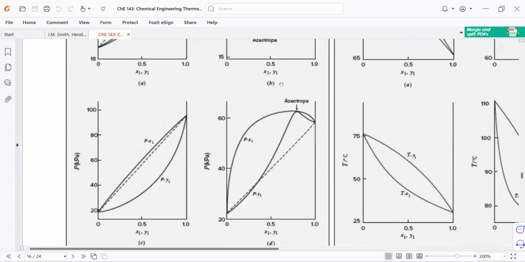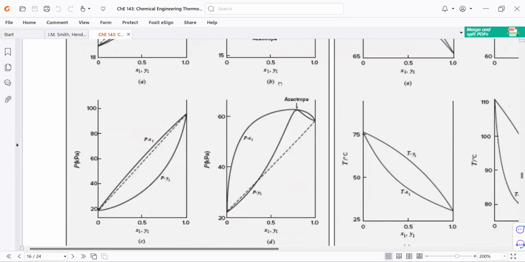On the other hand, a positive deviation means that the liquid phase intermolecular interactions between like molecules are stronger than between unlike molecules.